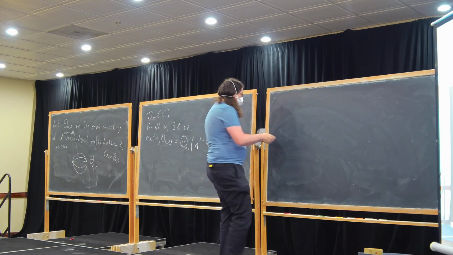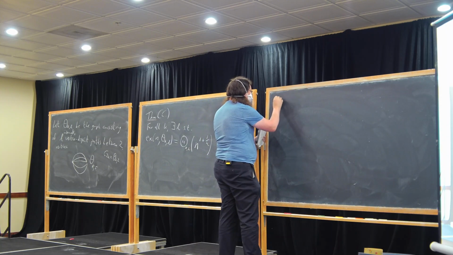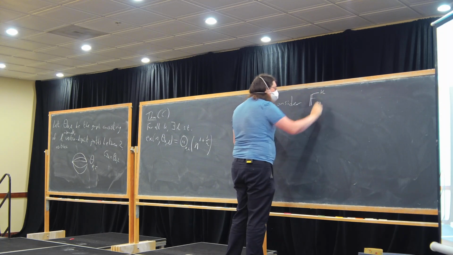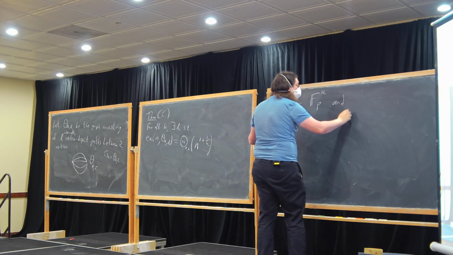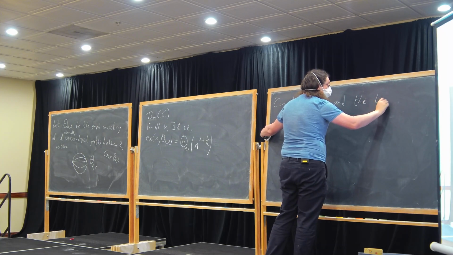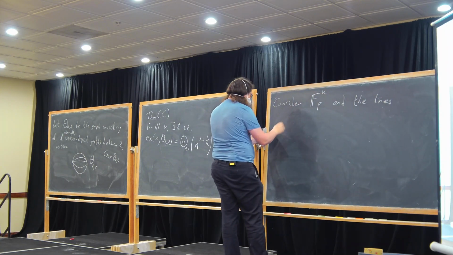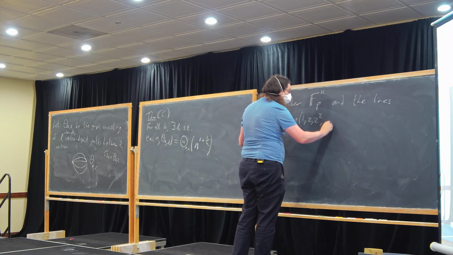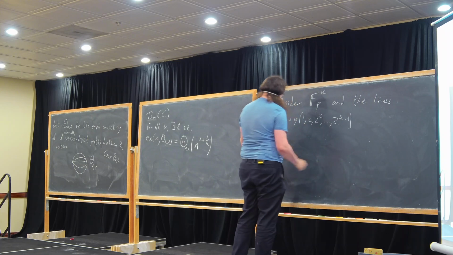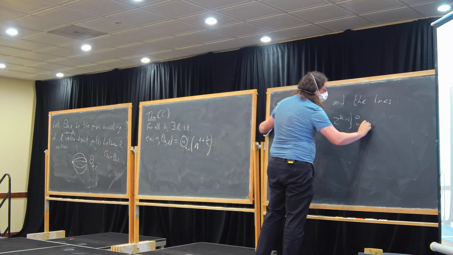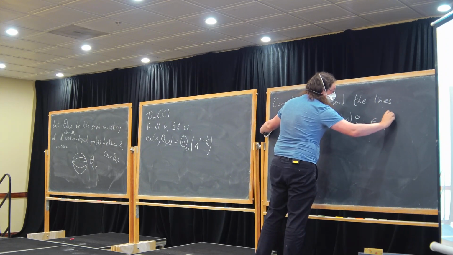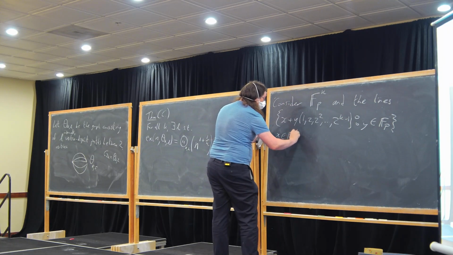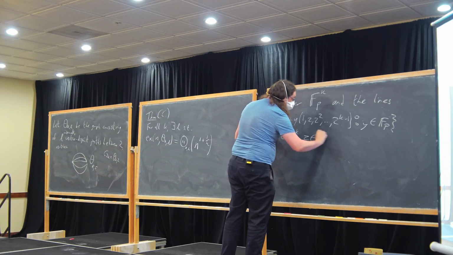What we're going to do is consider, again, F_p to the k, and the collection of lines of the form x plus y times (1, z, z squared, up to z to the k minus 1), for y an element of F_p, and x is itself an element of F_p^k, and z is an element of F_p.